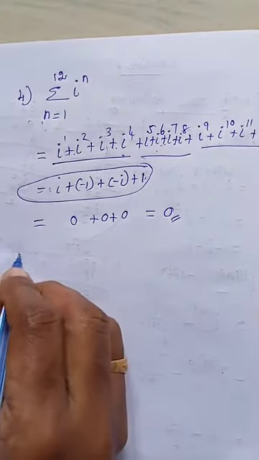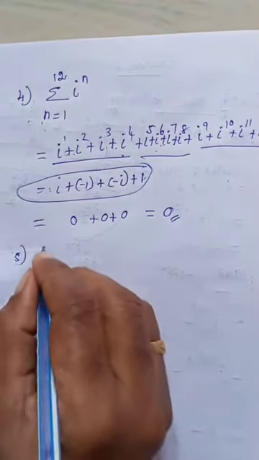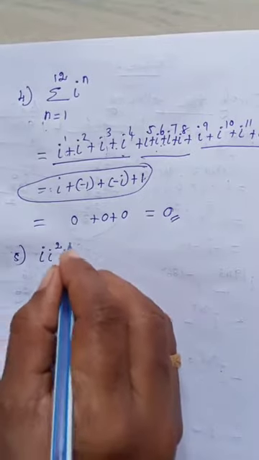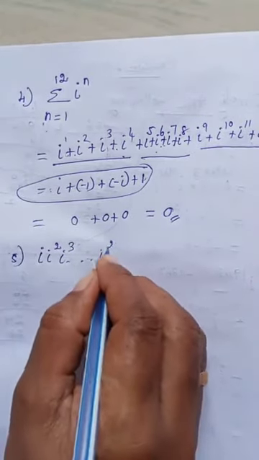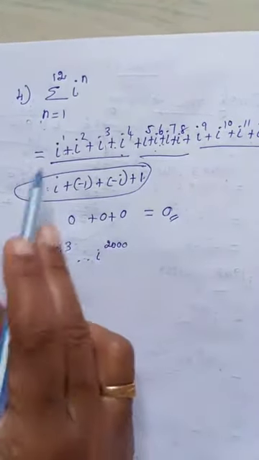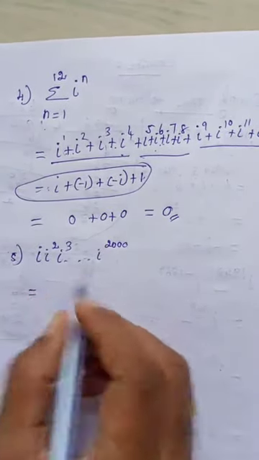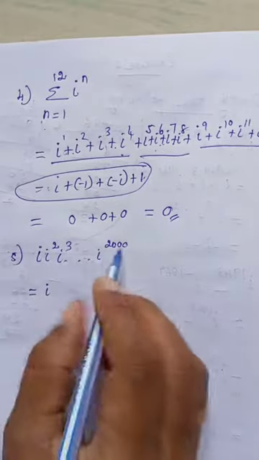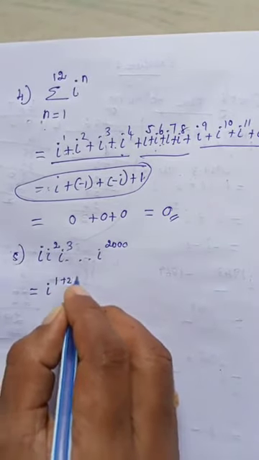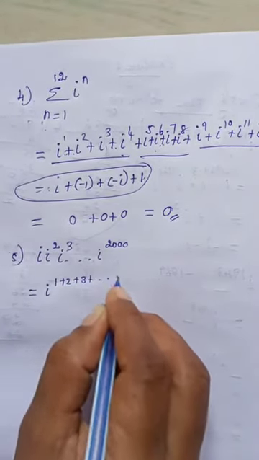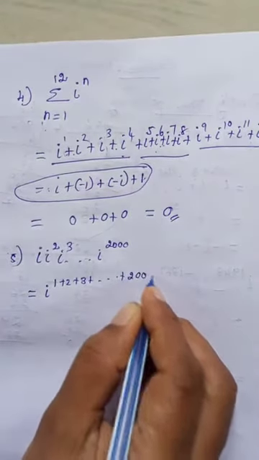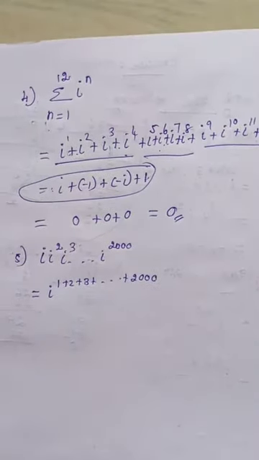Okay. Now problem number 5 is i square, i cube, etc., up to i power 2000. So this is an addition, this is a multiplication. So we have to do it. This multiplication means it's enough to add the powers: 1 plus 2 plus 3 plus etc. plus 2000.